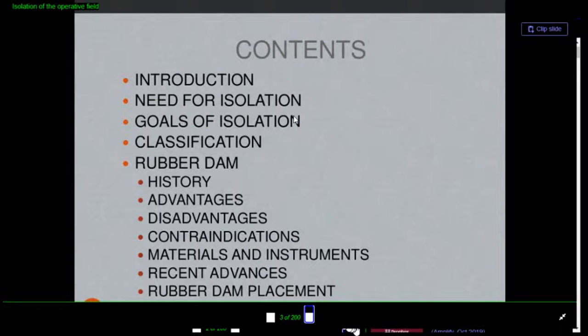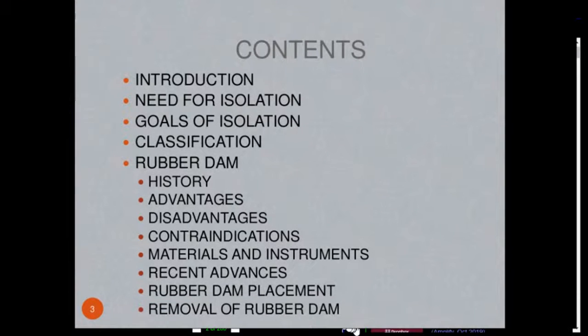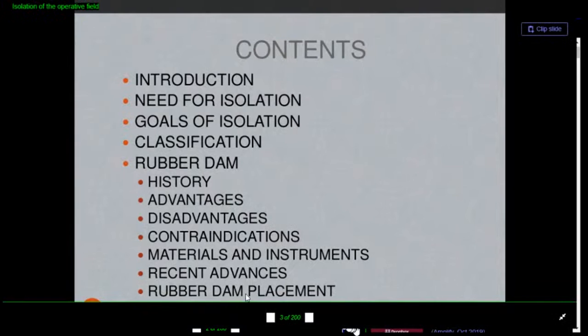The content includes the introduction, needs for isolation, goals of isolation, classification, rubber dam history, advantages and disadvantages, contraindications, materials and instruments, recent advances, and rubber dam placements.